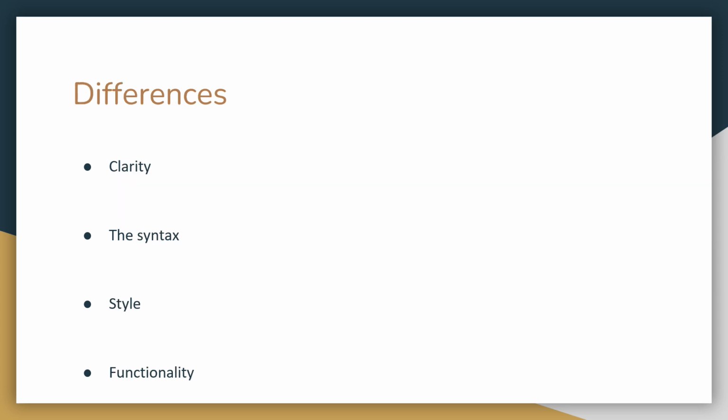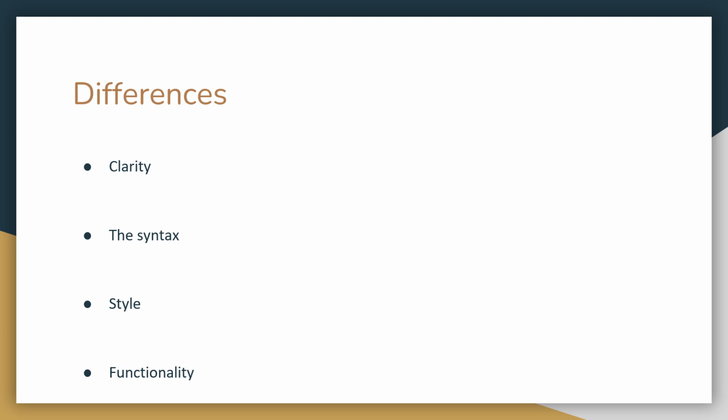So the differences between them, starting off with clarity, is that mine describes the loops, the while loops, in words. Rather, the structure with ChatGPT is more explicit by using IJK to define it. When it comes to syntax, mine's more casual, while ChatGPT's is more formal.